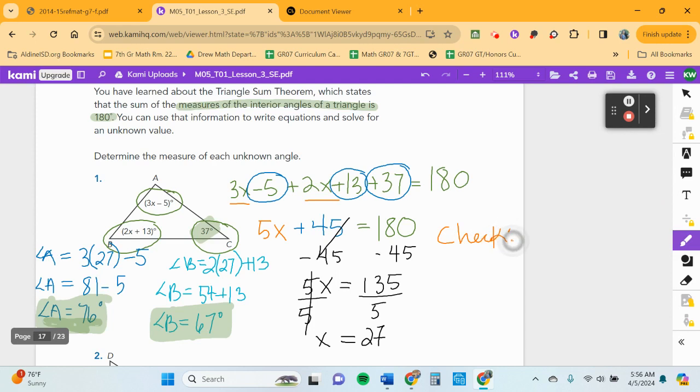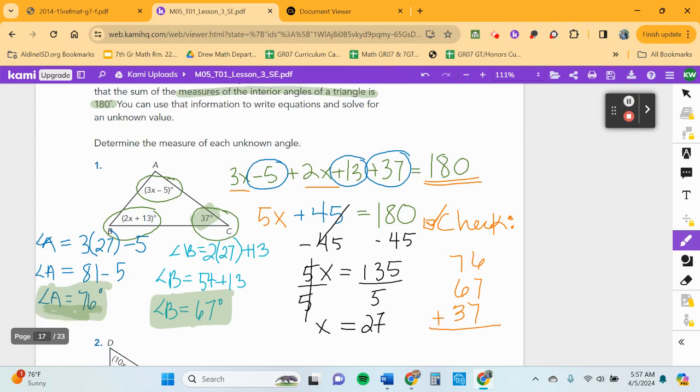If you said add all of those up and see if it equals 180, you are absolutely correct. So let's add them up. We've got 76 plus 67 plus 37. Those are all of my interior angles. They should equal 180.